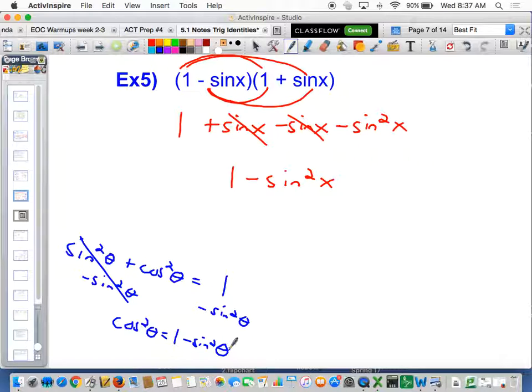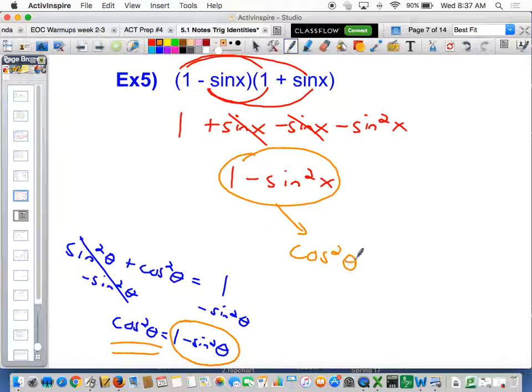So remember, any properties you're given, you can rearrange those. So I have 1 minus sine squared in my problem. So 1 minus sine squared can be replaced with cosine squared. And then I'm done. Any of these identities can be rearranged because they're proven to be true.